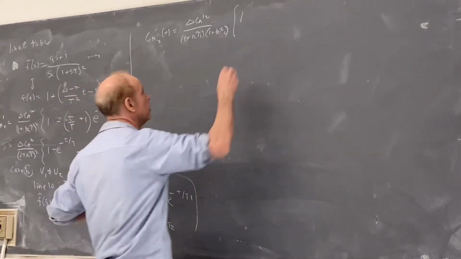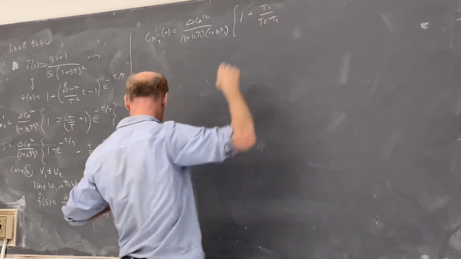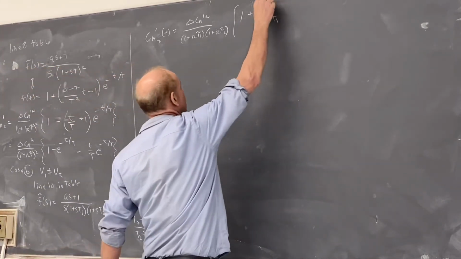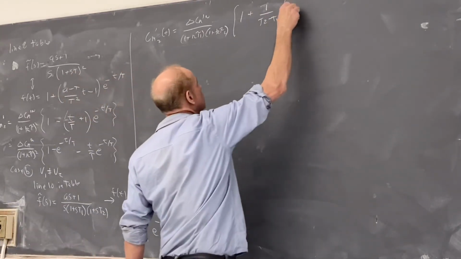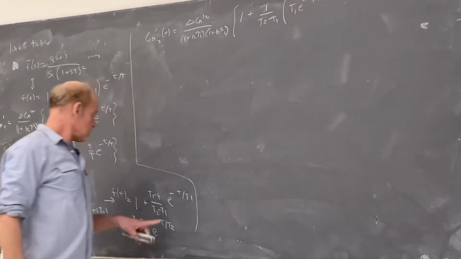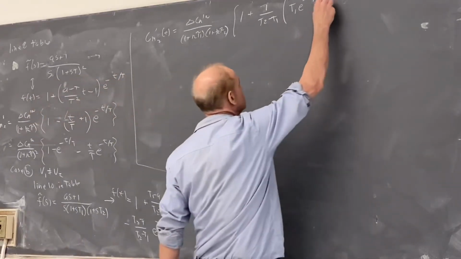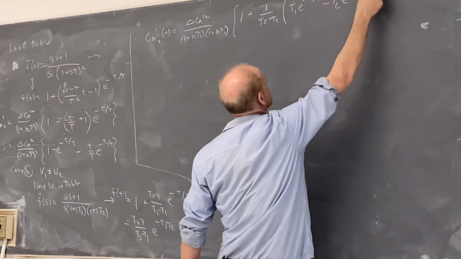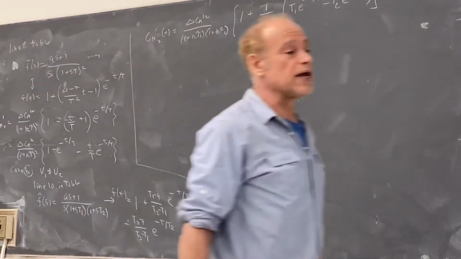So I have 1 over τ2 minus τ1, factored out, times τ1 e to the minus t over τ1 minus τ2 e to the minus t over τ2. And there I have the solution.